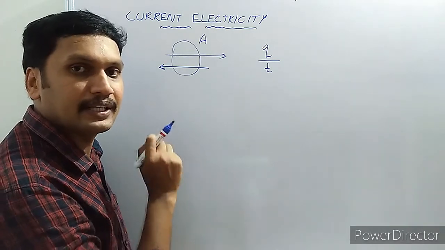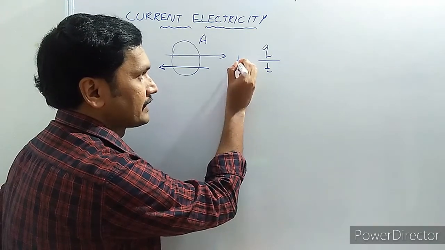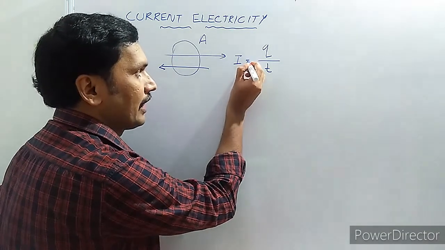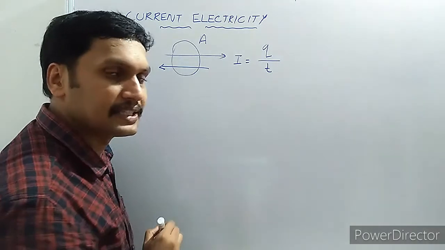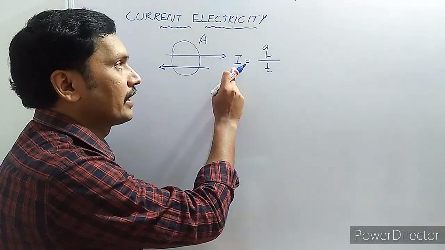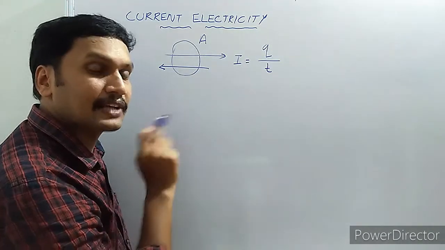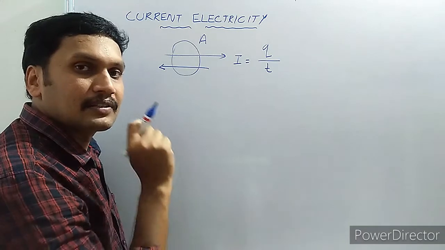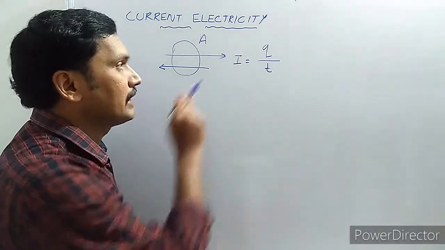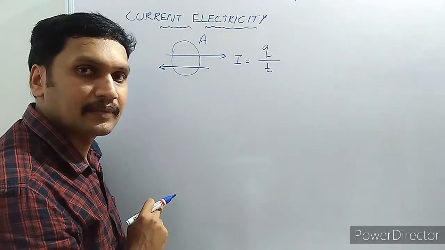We denote electric current by the symbol I, and we write I is equal to Q by t. Electric current I is equal to charge by time, and it is the charge that flows normally through this area in a unit time.